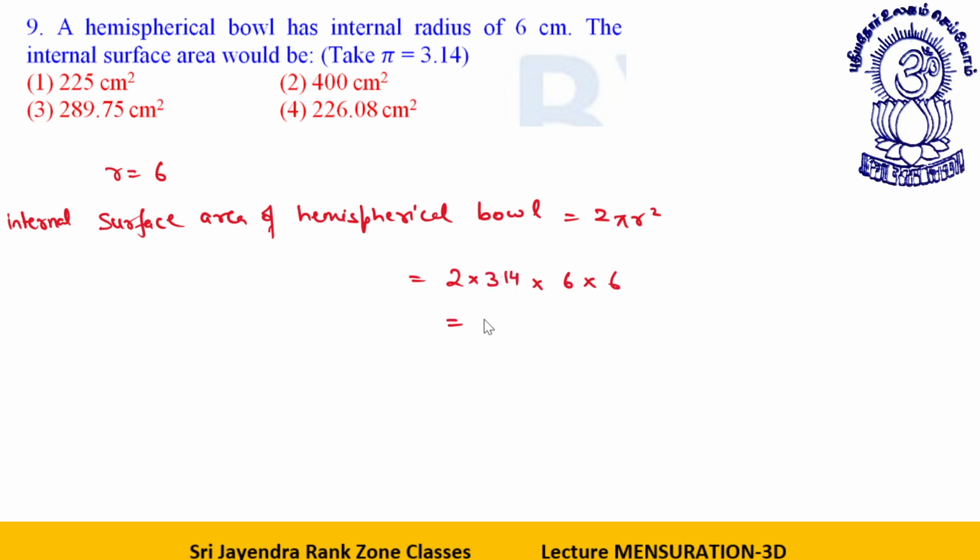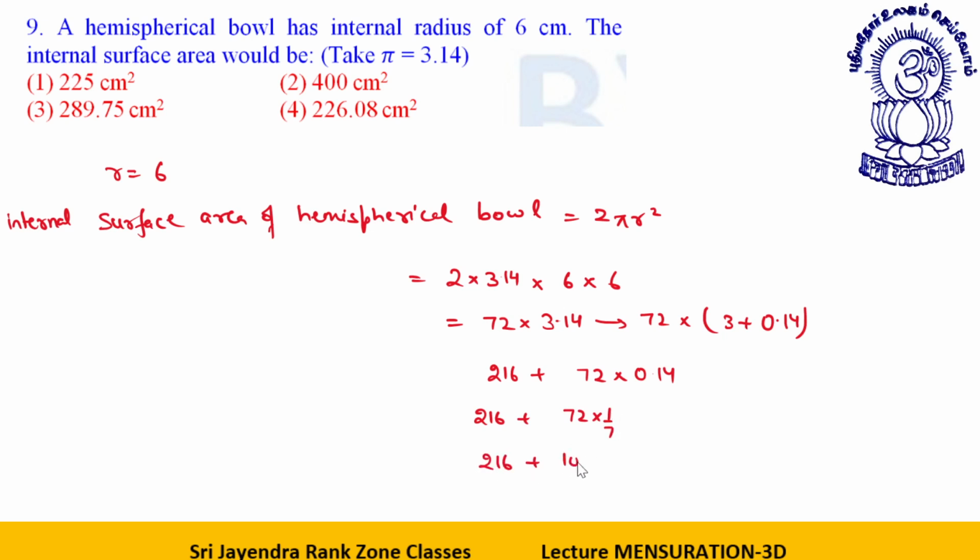This gives you 36 into 2, 72 into 3.14. 72 into 3 will be 216, plus 72 into 0.14. 72 into 0.14 will be like 72 into 1 by 7, so this will be 216 plus 10 point something.